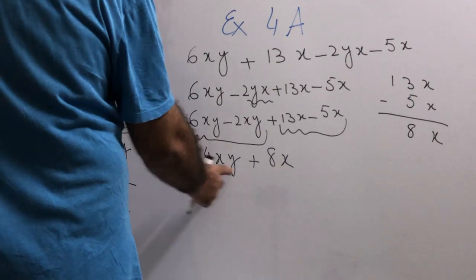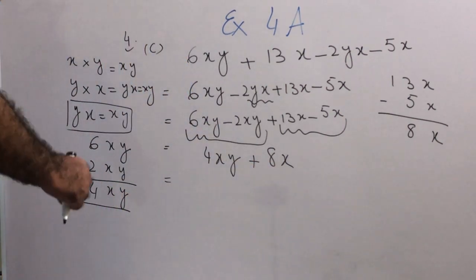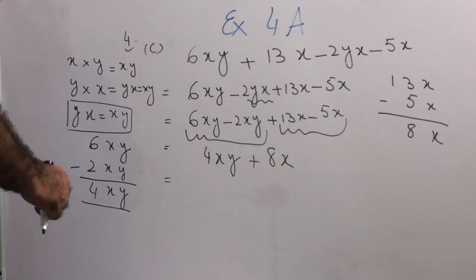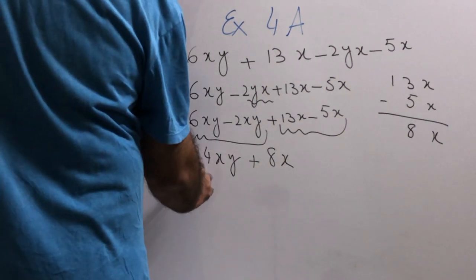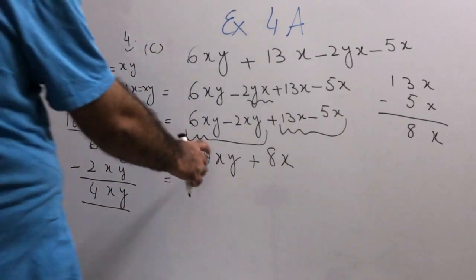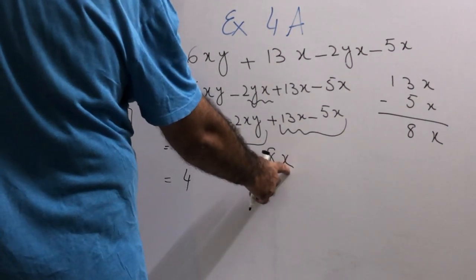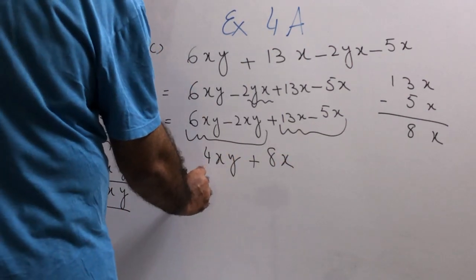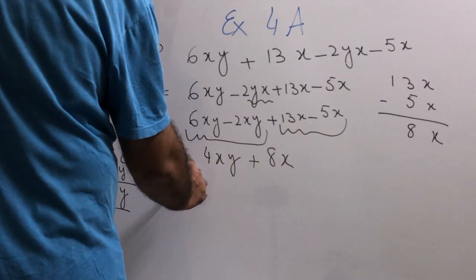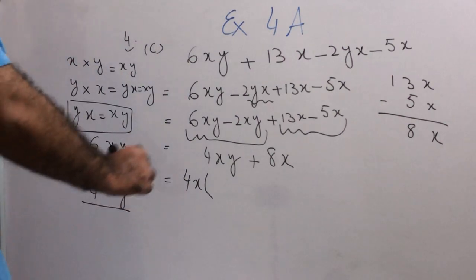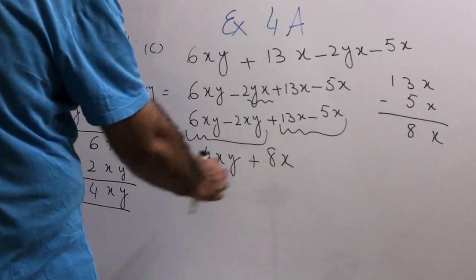Here you have 4, here you have 8. So when you have 4 and 8, you can take 4 common. Here we have xy, here we have x. We can also take x common. How to take common is put 4x bracket, then divide the whole with 4x.